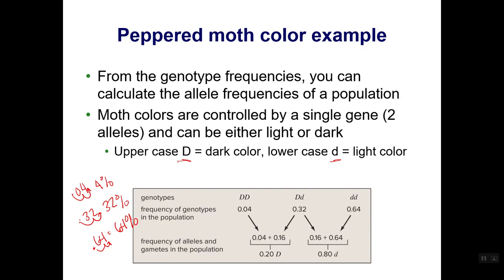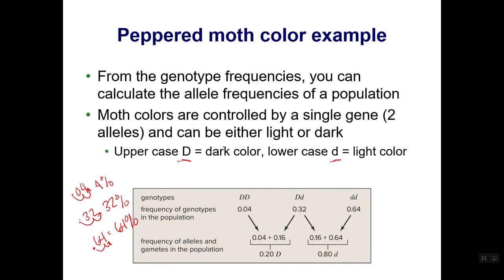So these are the values for the frequency of genotypes, respectively: 0.04 or 4% are homozygous dominant, 32% or 0.32 are heterozygous, and 0.64 are homozygous recessive.